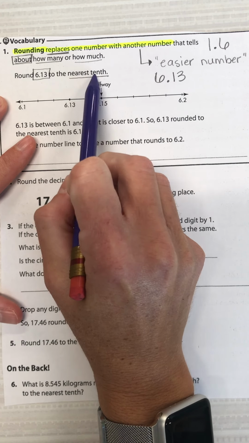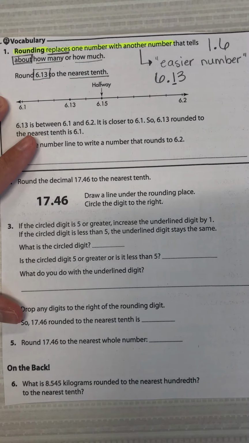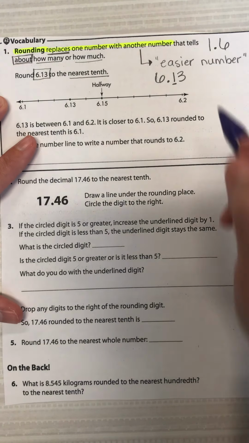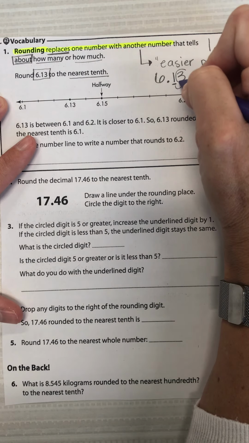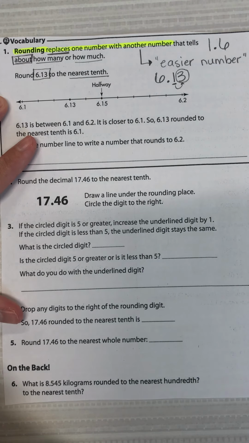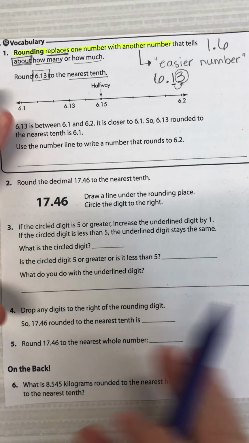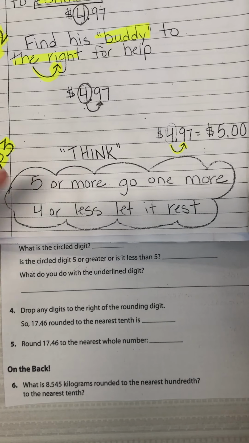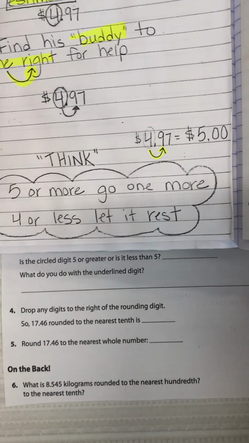Since they want us to round to the nearest tenth, we're going to underline the tenths place, and that would be a 1. But we're going to use the buddy to his right. That's the guy that's going to tell us how to round this guy. And we're going to think, well, is it 5 or more, or is it 4 or less?